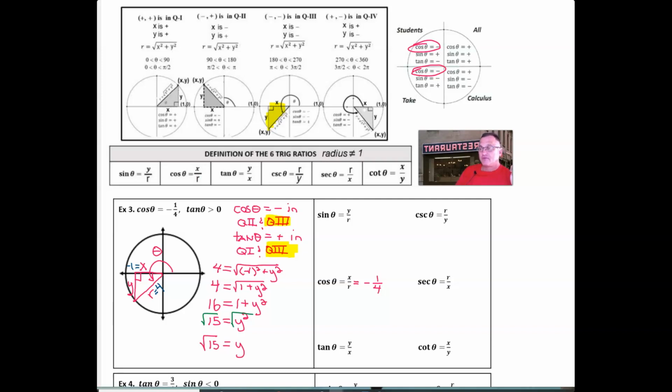Okay, now I got to remember I'm in the third quadrant, so the y-coordinate in the third quadrant is negative. So now we can fill in our values. Our sine is going to be negative, y is root 15, and r is 4. So our cosecant is going to be negative 4 over root 15, and I got to rationalize that.